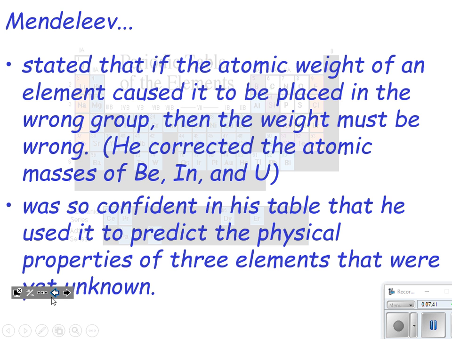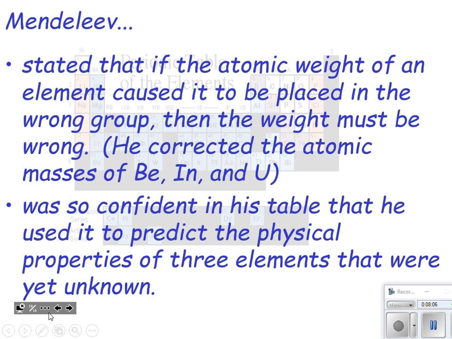Okay? Also, Mendeleev was so confident that he used his periodic table to predict properties of elements that were not yet discovered. So he said, I'm leaving this blank here because something fits in there.